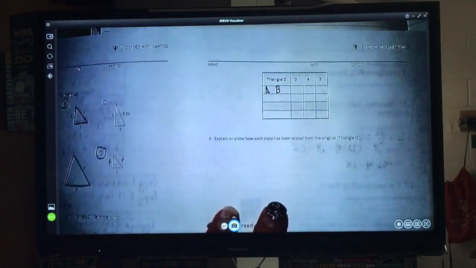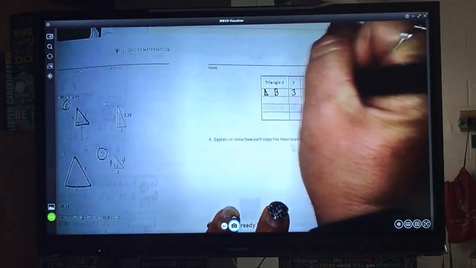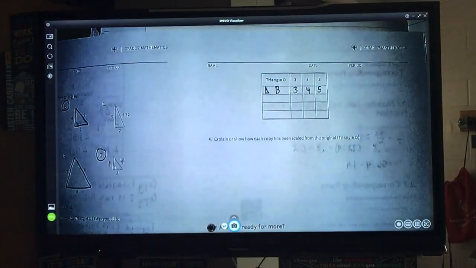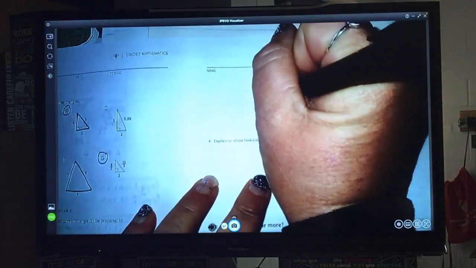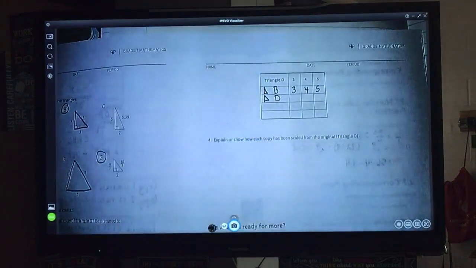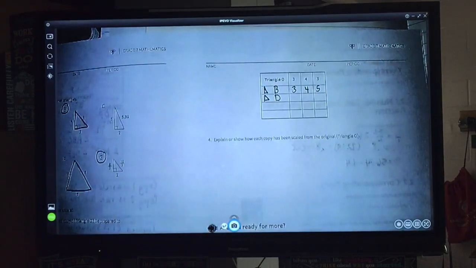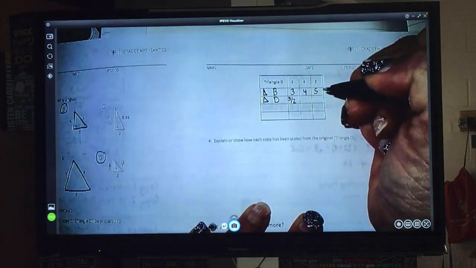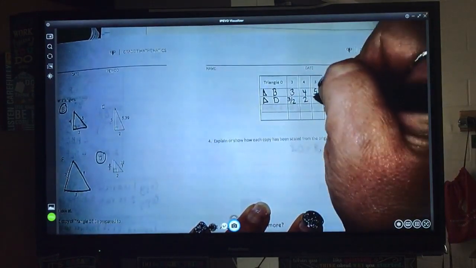Jackson: 3, 4, 5. Make sure you have this in the correct order. All right, for triangle D, what are the numbers that go in there? Cooper: The first one was 3 over 2, and then 2, and then 5 over 2.